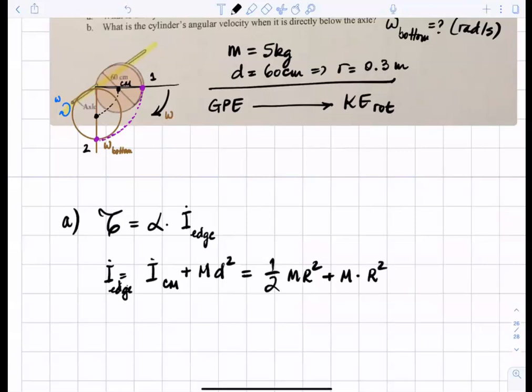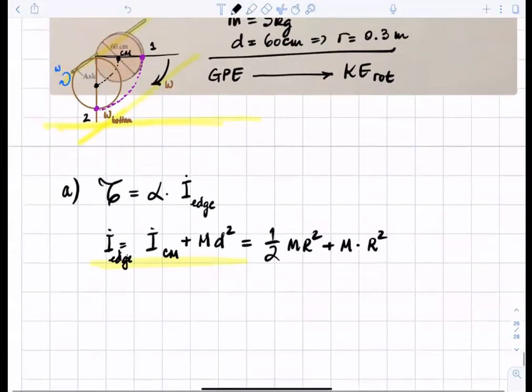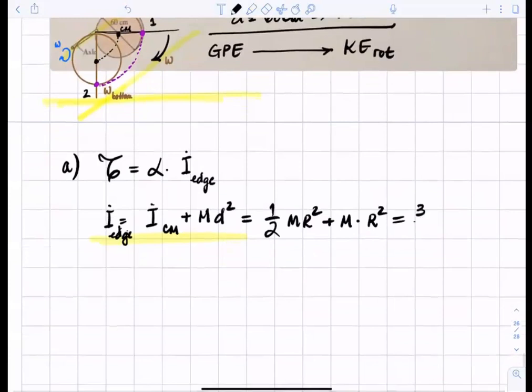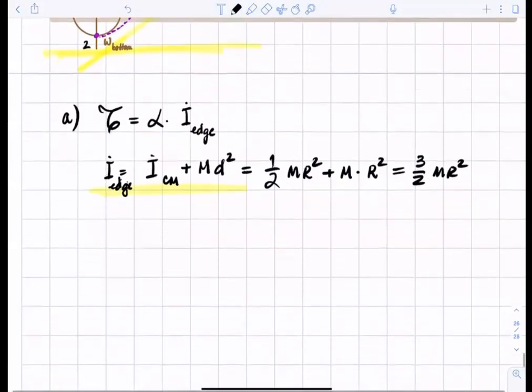So essentially the moment of inertia about the disk's edge is obtained by using the parallel axis theorem. We've done that in a lecture, and that's kind of the illustration of the parallel axis theorem. Since we have this parallelism with the floor, here's the plane of the floor. With that being said, this becomes 3/2 m r squared. We have everything we need about that.